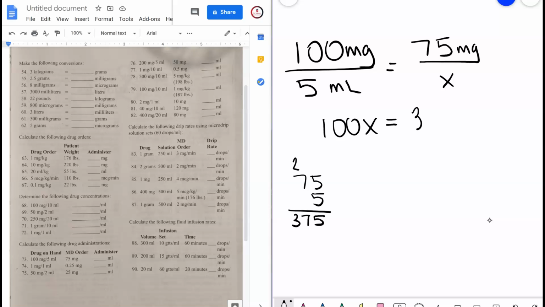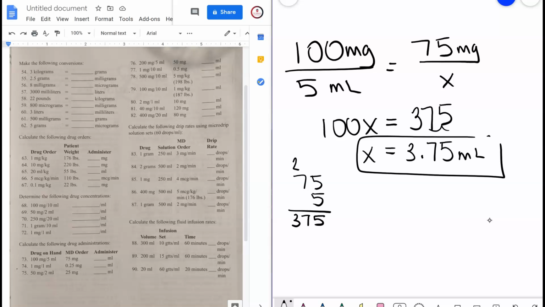So it's 375. Now we're going to divide both sides. So x equals, and again you're just going to move the decimal point over twice, so you're going to give 3.75 milliliters for that first question. Okay.